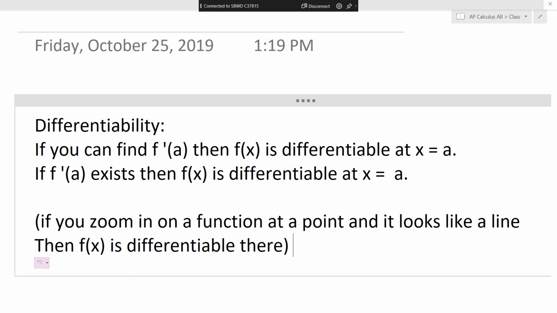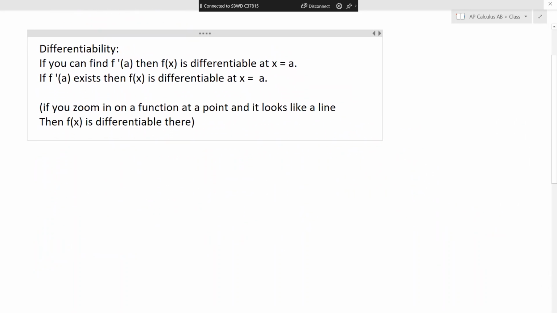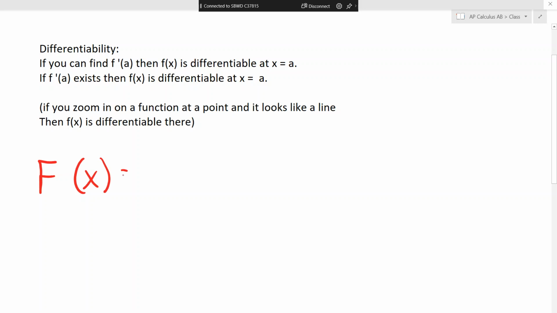Okay, so let's look at a couple ways that this could fall apart. Let's take a look at one of your favorite functions, f of x equals 1 over x.